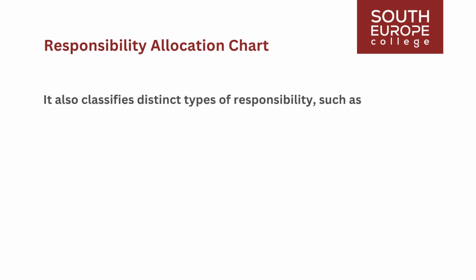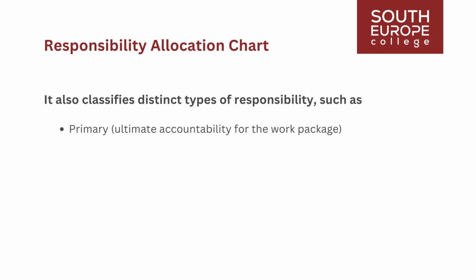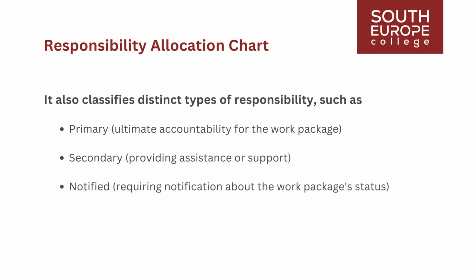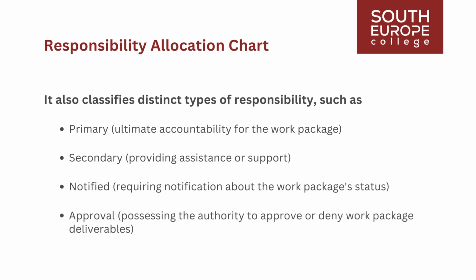It also classifies distinct types of responsibility, such as primary, ultimate accountability for the work package; secondary, providing assistance or support; notified, requiring notification about the work package's status; and approval, possessing the authority to approve or deny work package deliverables. The matrix minimizes the likelihood of individuals evading accountability by explicitly outlining responsibilities.